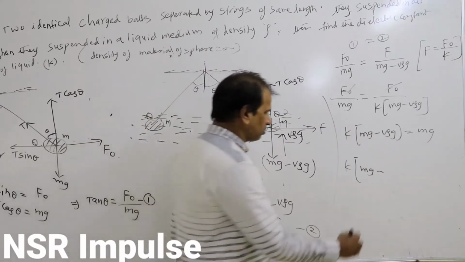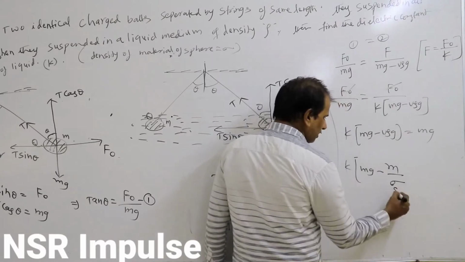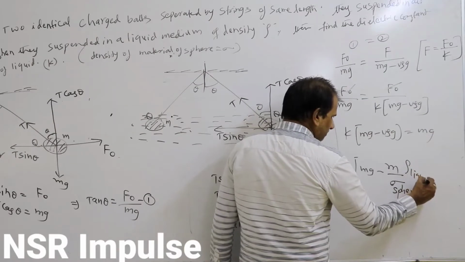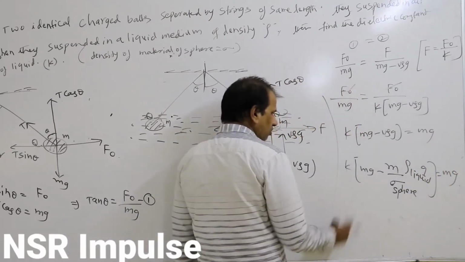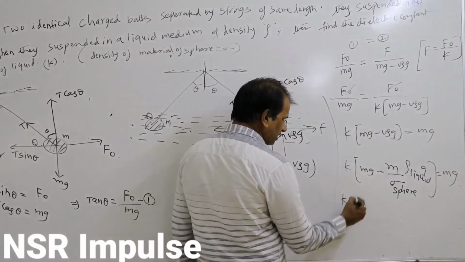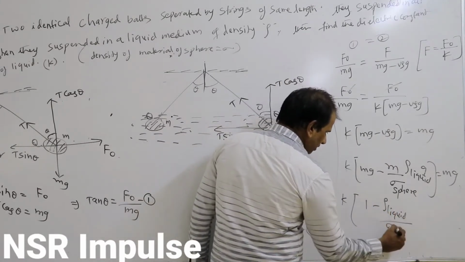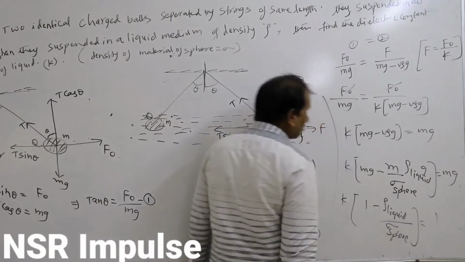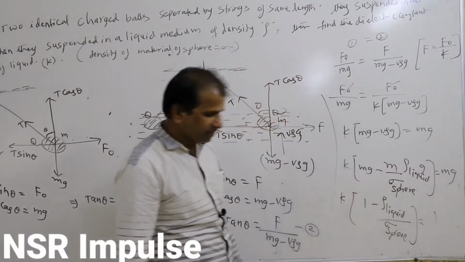Volume of the sphere is equal to mass of the sphere by density of the sphere. This is the density of the sphere, this is the density of liquid, into g, is equal to mg. So mg in all directions, both get cancelled out. 1 minus density of liquid by density of sphere is equal to 1, because this mg got cancelled after taking the common.